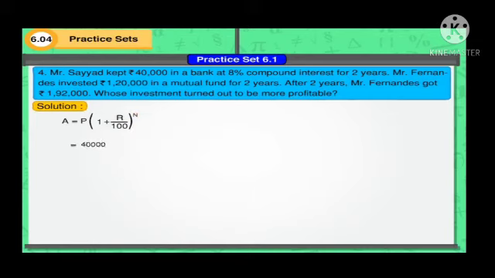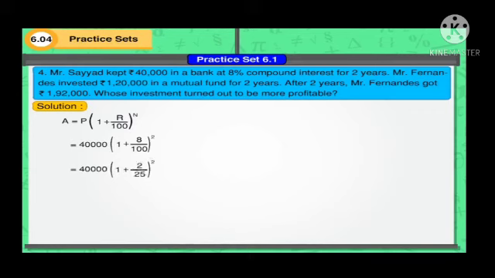So, 40,000 into 1 plus 8 upon 100, whole raised to 2, which is equal to 40,000 into 1 plus 2 upon 25.